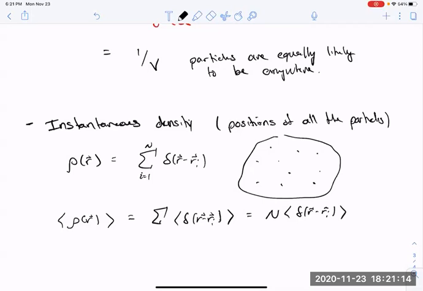We've just defined that average as 1 over the volume. So what I've just found is that indeed on average, this microscopic notion of the density is coincident with the bulk density.